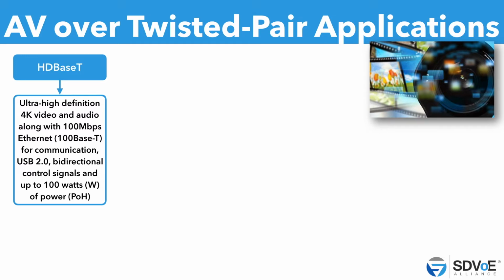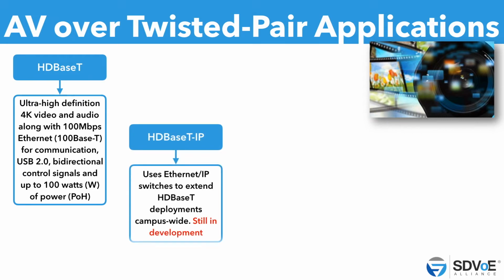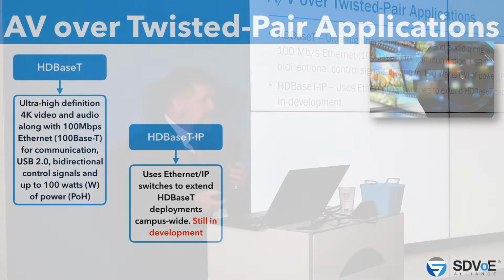But we're now moving towards HDBaseT IP, and this is using more traditionally standards-based AV systems running over more traditional IP applications. So lots of stuff is still in development in terms of SDVoE, but if you think about it from a networking point, Category 5E, Category 6, Category 6A, Category 7 cables, fiber cables, they've been out there working very successfully for years.